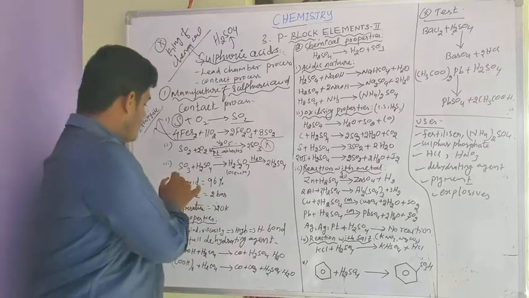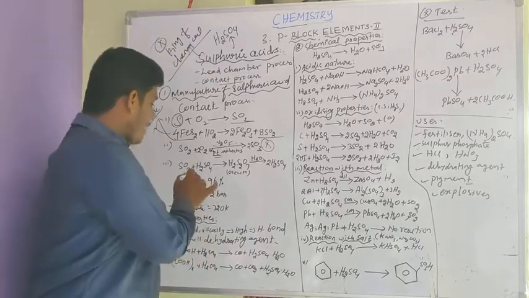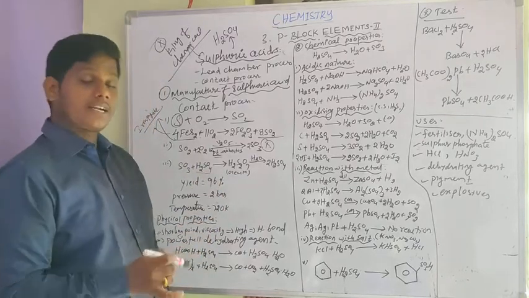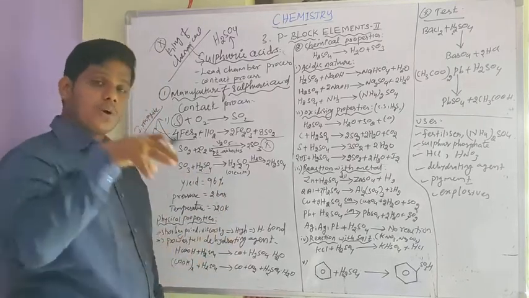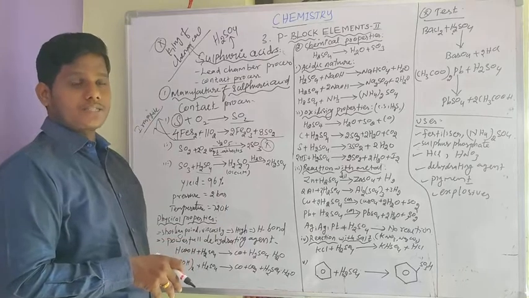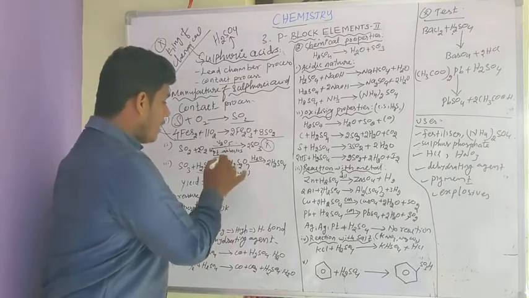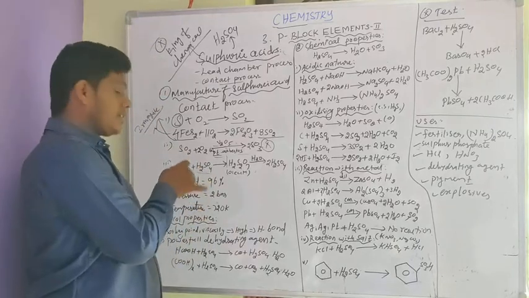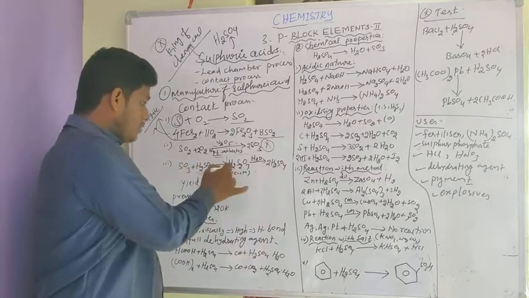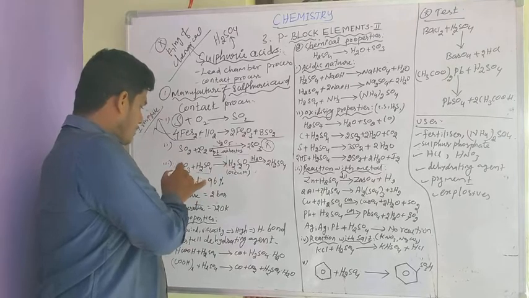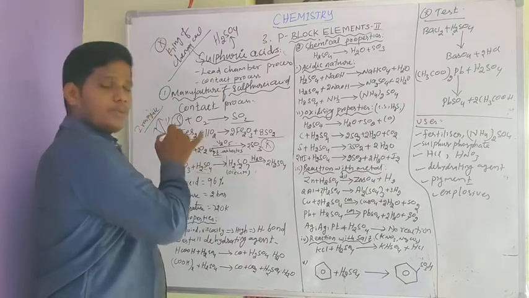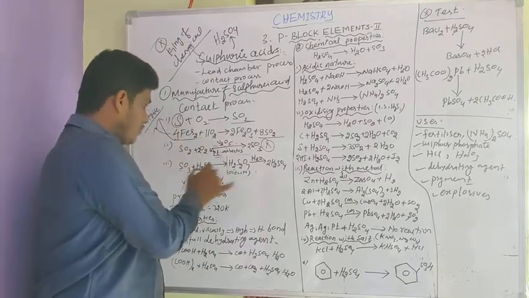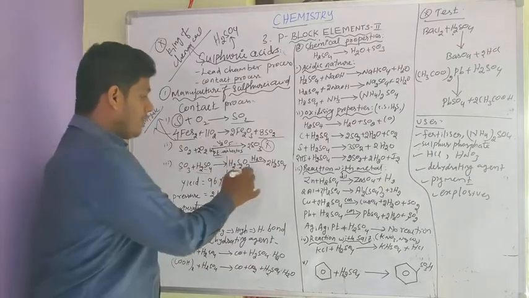Next, this sulfur trioxide is dissolved in concentrated sulfuric acid to form oleum, H2S2O7. Here there are two hydrogens, two sulfurs and seven oxygens.